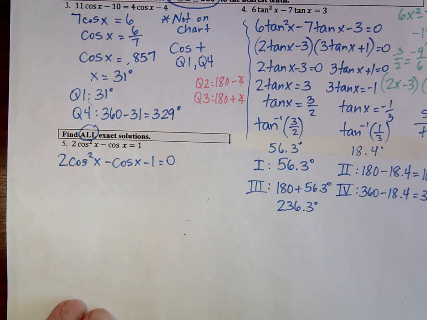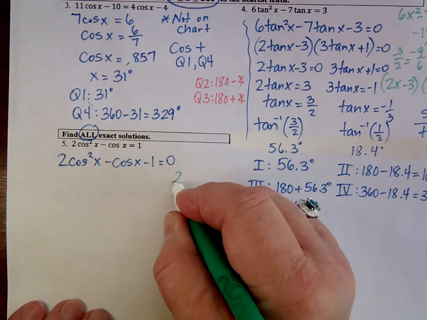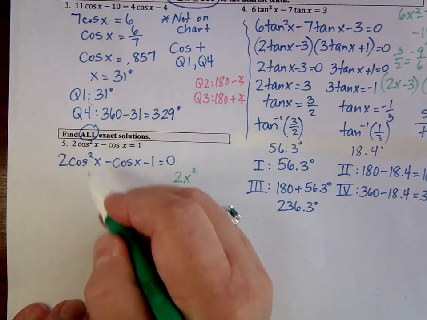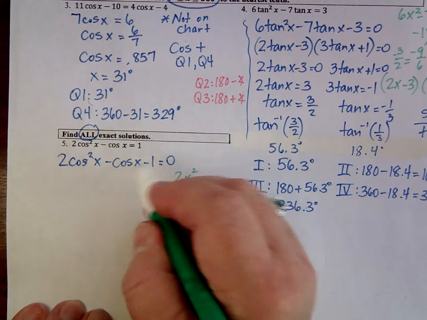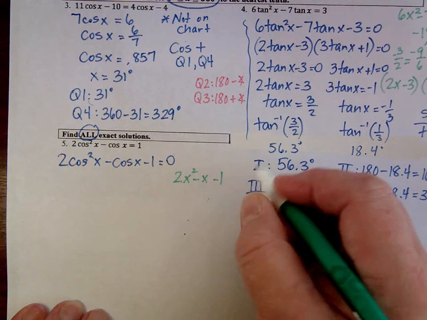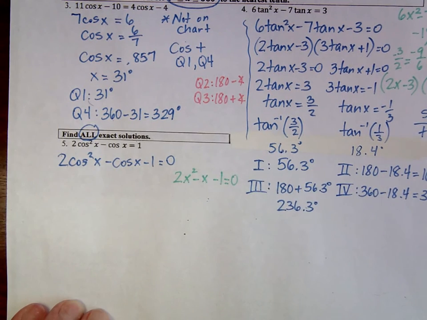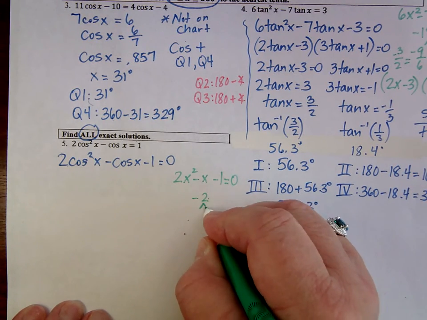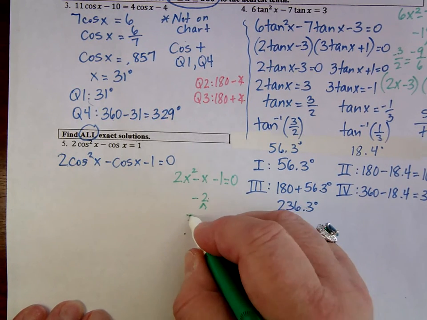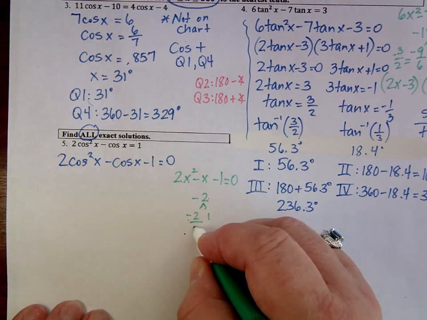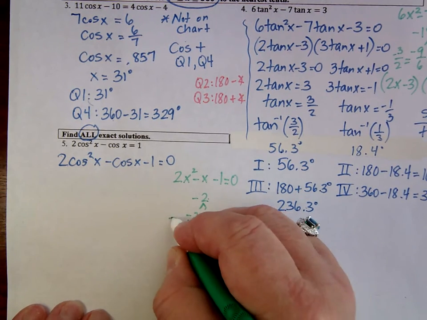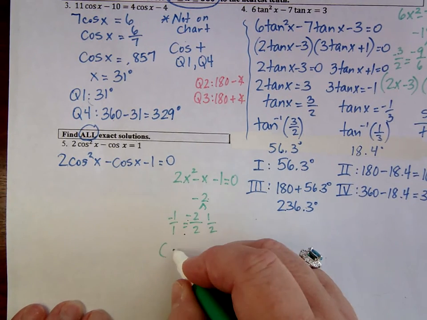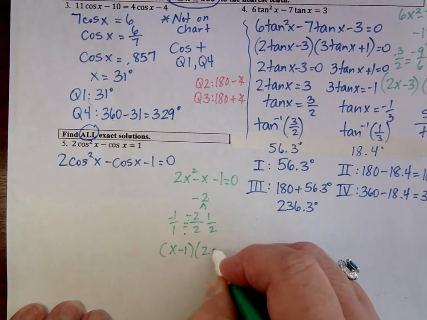This would be the same thing as if I had 2x squared minus x minus 1 equals 0. And so if I AC method this one, 2 times negative 1 is a negative 2. Factors of negative 2 that give you negative 1 when you add them up. Divide by the leading coefficient. Simplify, bottom to top, x minus 1, 2x plus 1.